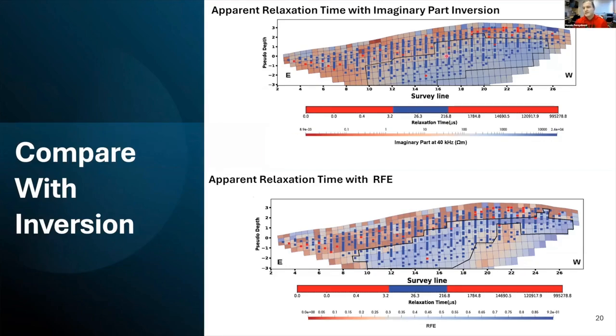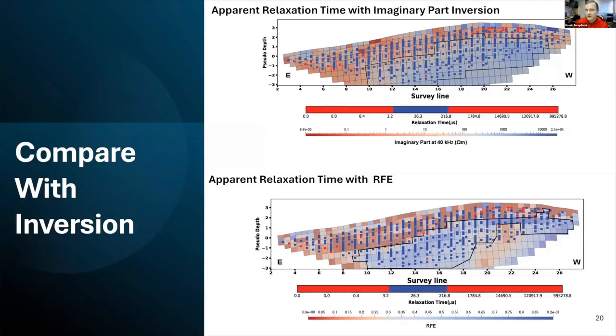And you can see there's a really good agreement between them. On the background, you can see the inversion result for the imaginary part and the data point showing the result for the relaxation. Most of pixels just have a good agreement, but it shows that the relaxation time had the better ability to detect ground ice.